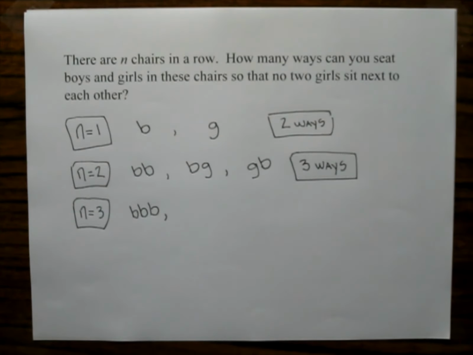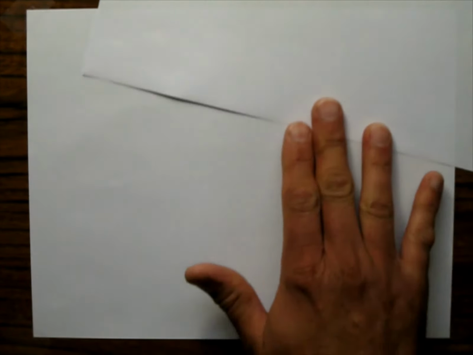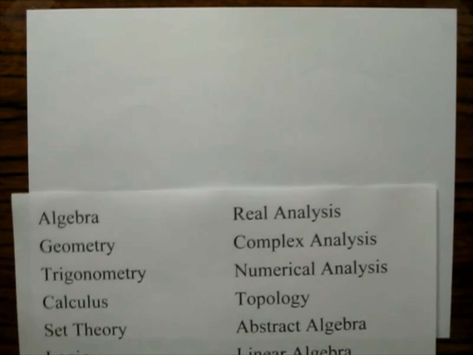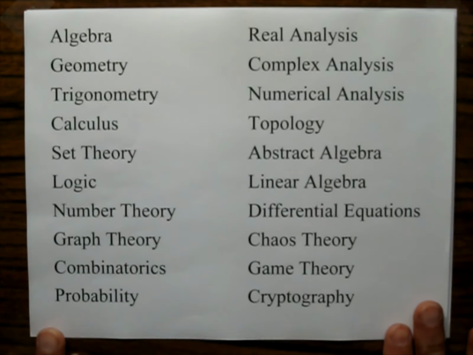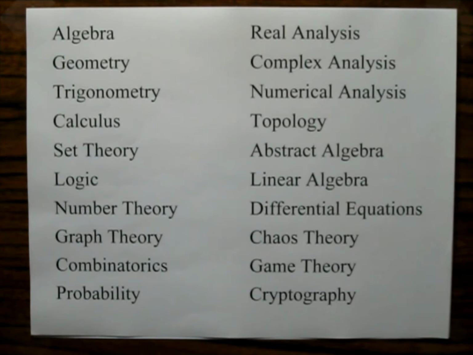Okay, so math is pretty complicated. It has lots of different branches. What I'm presenting right here is just 20 branches. There's a lot more branches to math than what you see here.